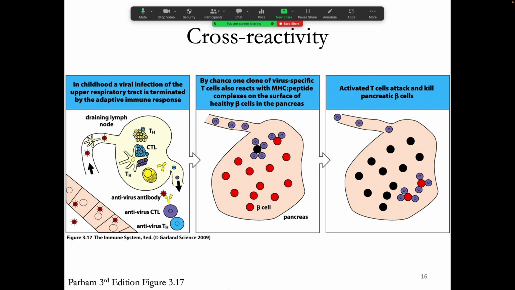Those T cells and antibodies are probably all going to recognize different epitopes from that virus. So we're going to have many different T cells responding to many different pieces of the virus, many different B cells responding to different pieces of the virus. And maybe one of those T cells, 1 out of 100, has the bad luck that it also recognizes a peptide that is presented by the pancreatic beta cell.